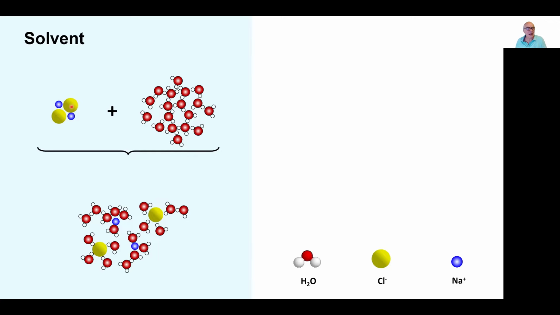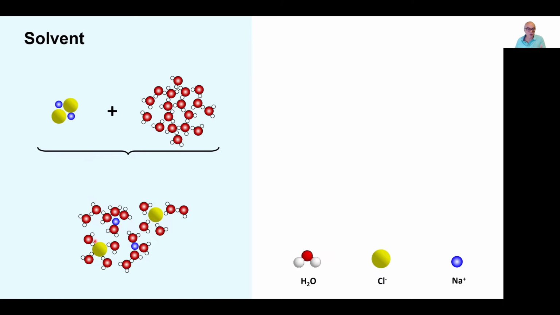And so the ions separate from each other, the crystal dissolves, and now we have hydrated anions and hydrated cations and other free water molecules.